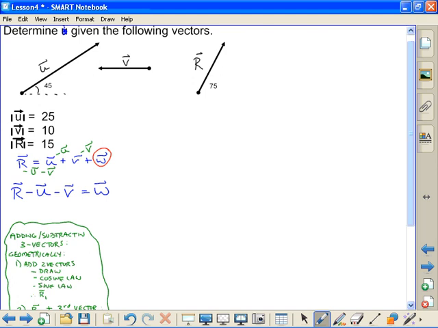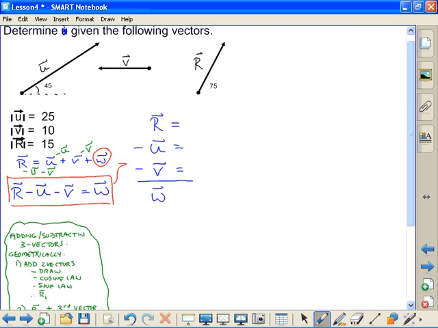And that's it. So this is the thinking part, dealing with vectors. Now we move back to our knowledge section. So we take our resultant, we subtract our u vector, we subtract our v vector, and we end up with the w vector. So I've just rewritten it in a stacked notation.